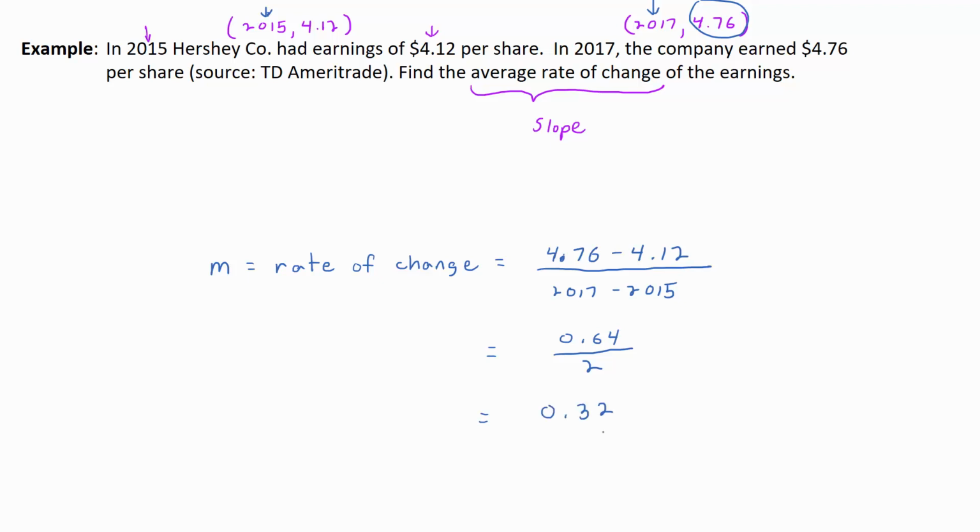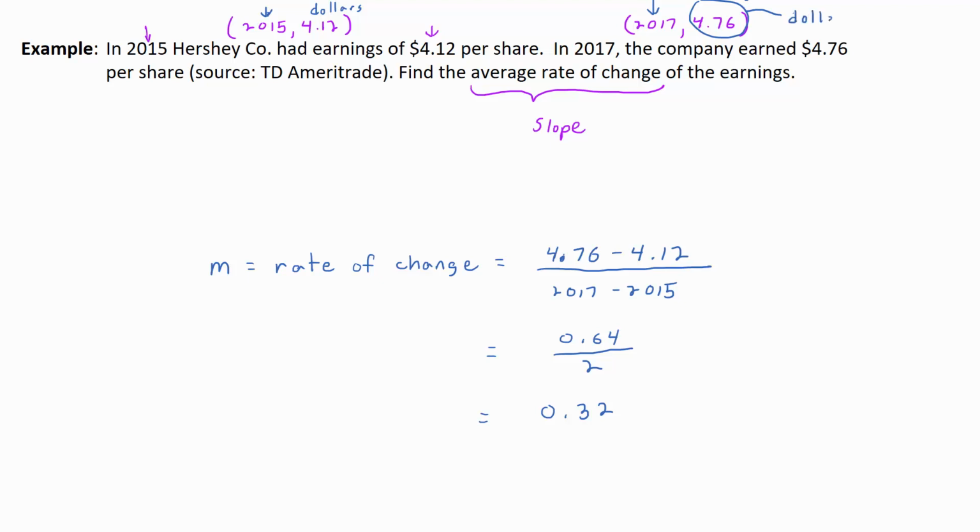However, we're not finished. We need to write down the units of slope in order to interpret it as a rate of change. So the units would be the rise units in ratio to the run units. The rise units, dollars per share, or just dollars is fine. So that's $4.12. This is $4.76.